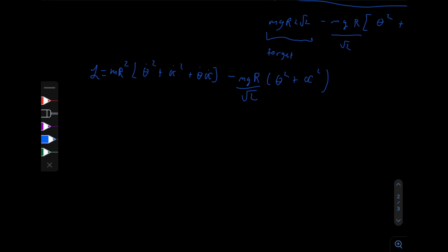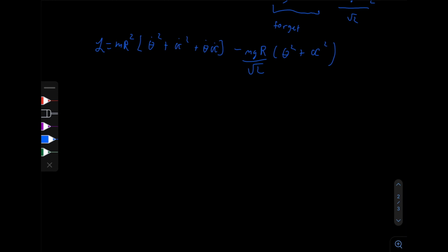Okay, so now we have 2 coordinates, so that means that we need to apply the Euler-Lagrange equations twice. So what are they?